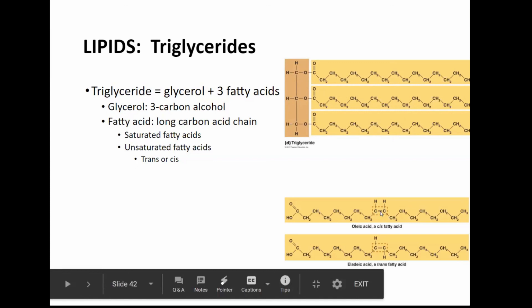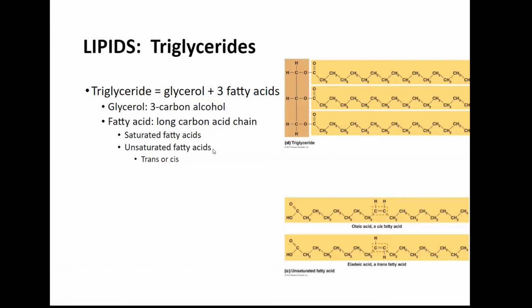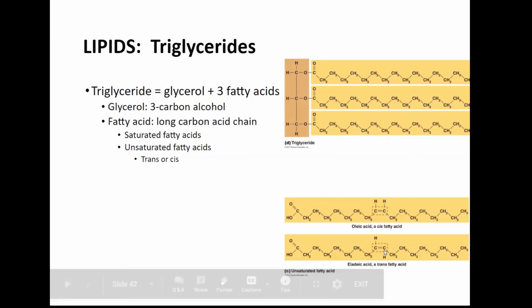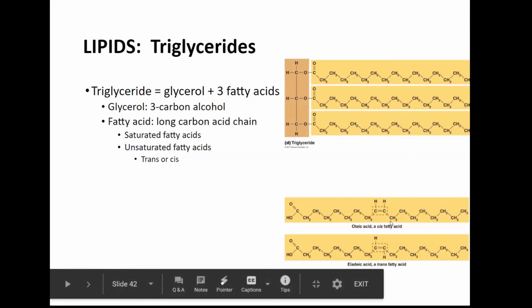So if we see a double bond, we're talking about an unsaturated fatty acid, which will have the remaining hydrogens either on the same side or on opposite sides. So we have our trans fatty acids and our cis fatty acids. Cis on the same side, trans on opposite sides.